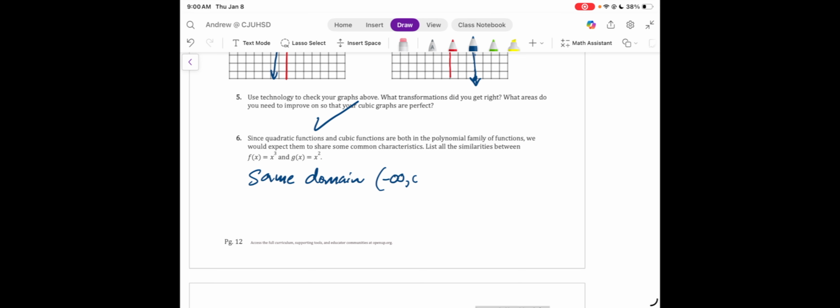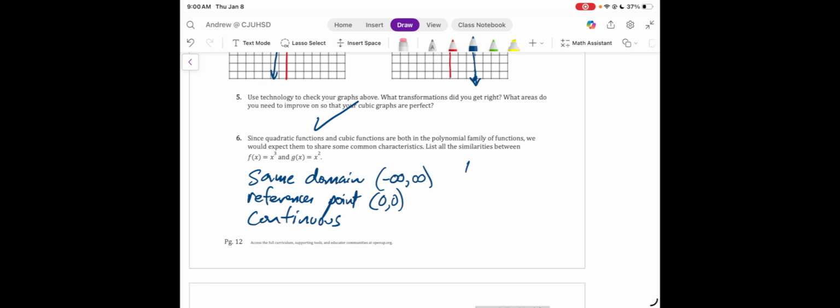Negative infinity to positive infinity. Same reference point or intercept. It's still 0, 0. They're both continuous, no breaks.